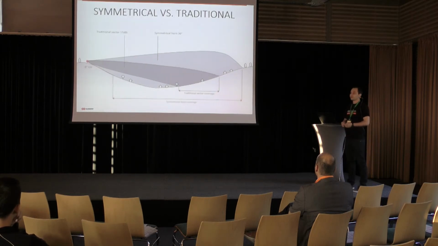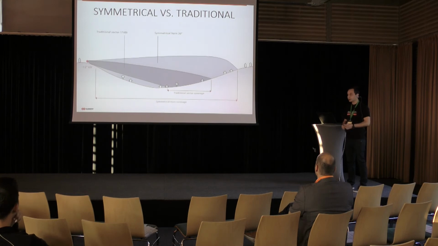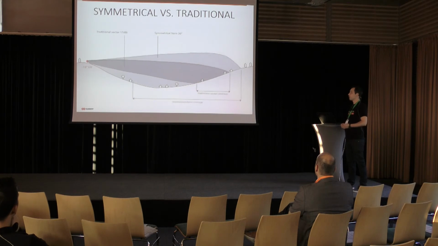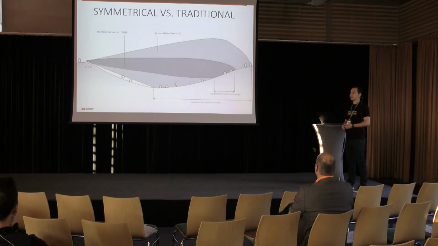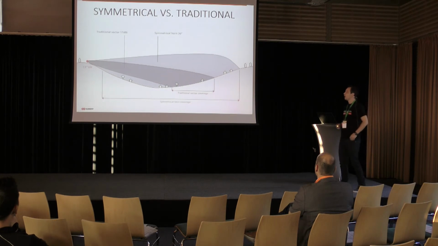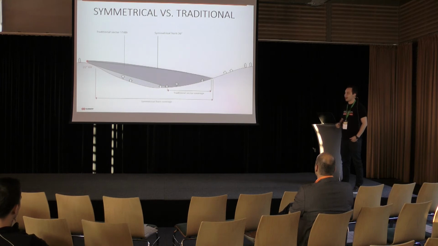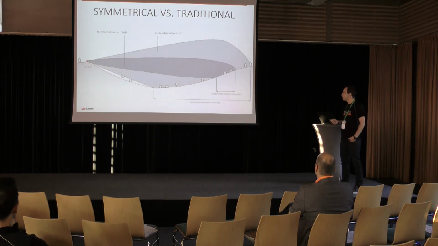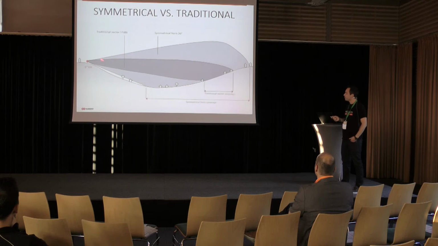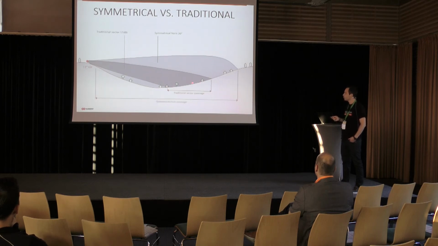Now, actually, like here in Austria, your terrain is more or less hilly. So that's why symmetrical horns are really good to be used here, because traditional sectors, as was presented in the third slide, have a flat shape of the beam. So you are able to connect, let's say, only this area with a traditional sector.